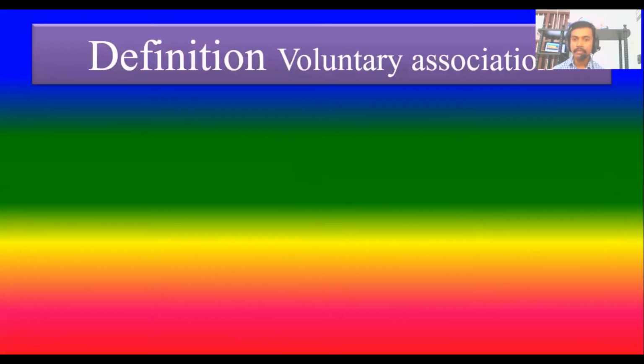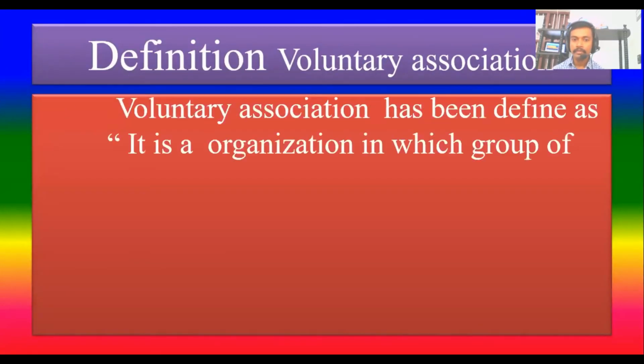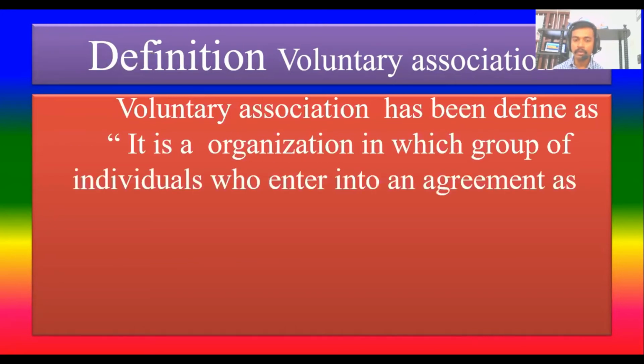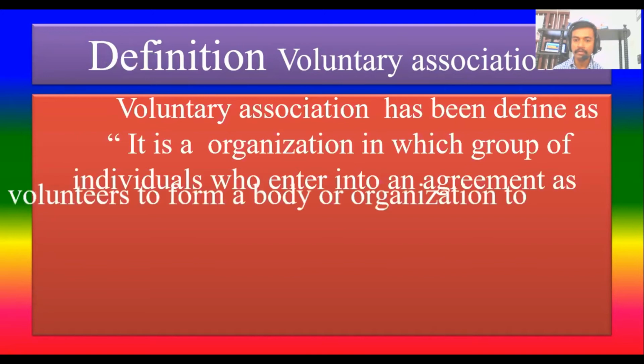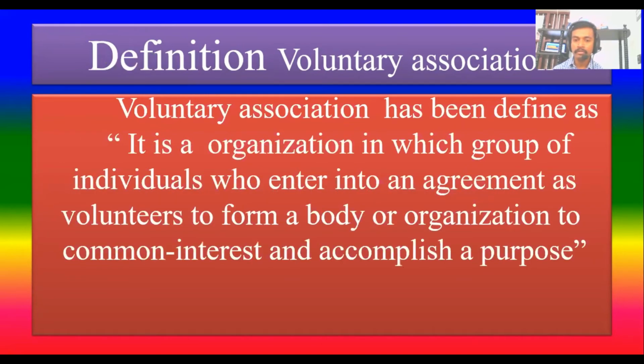Then define voluntary associations. It is an organization in which a group of individuals come together as volunteers to form a body or organization with a common interest and to accomplish a purpose.